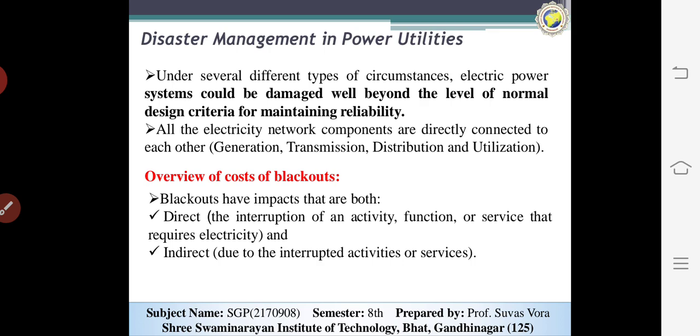All the electricity network components are directly connected with each other, meaning generation, transmission and distribution are connected together. Earthquakes, floods and hurricanes, which are natural disasters, could damage many electrical power system components, causing widespread outages over a long period of restoration and recovery.